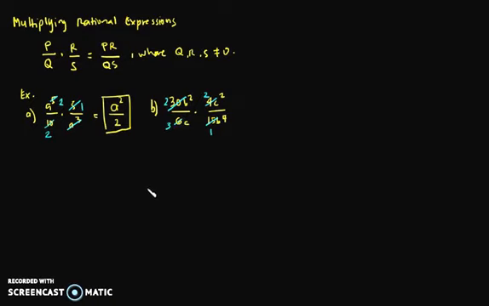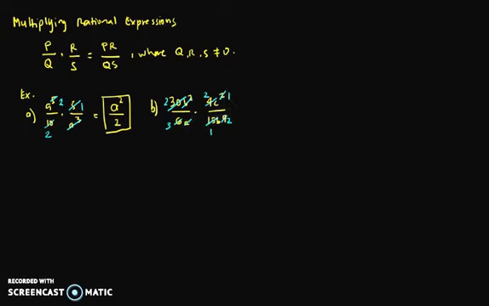How about for the variables? We have b squared and b to the 4, so we simply cancel b squared, and the exponent 4 will become 2. For c, let's cancel c, this will become 1.